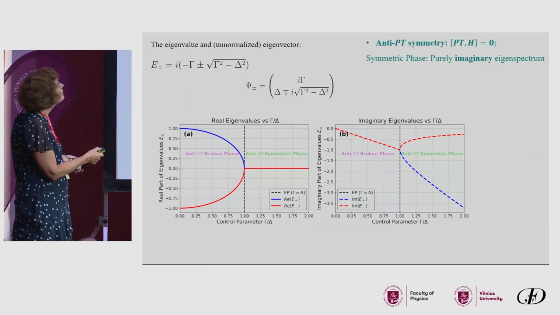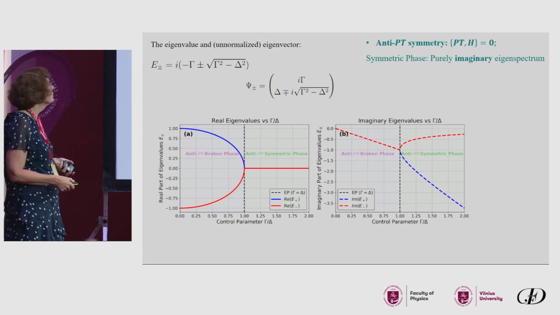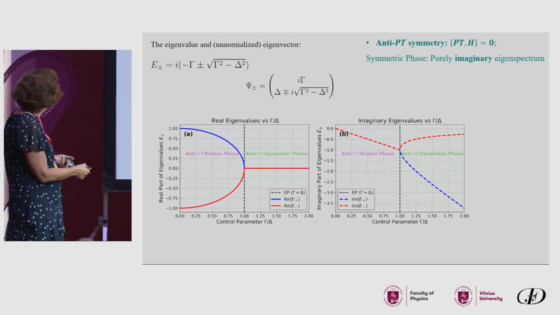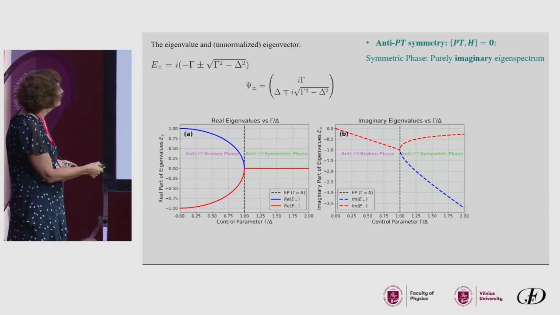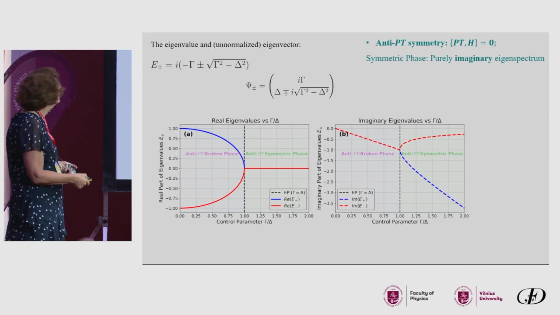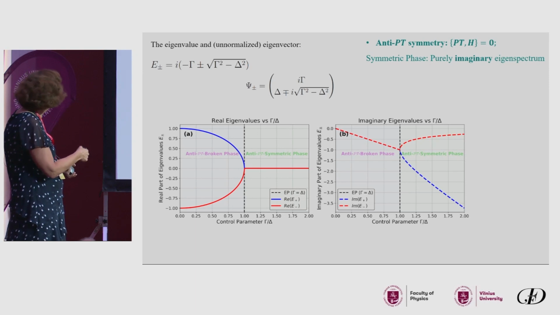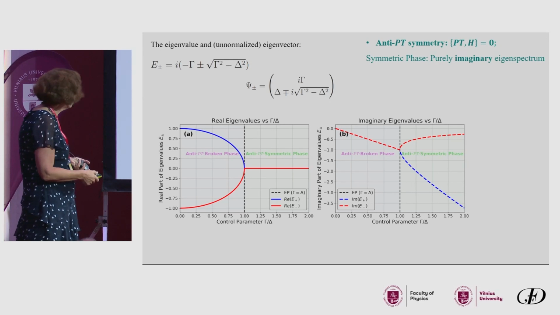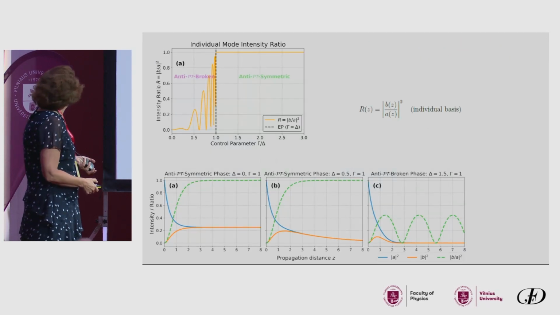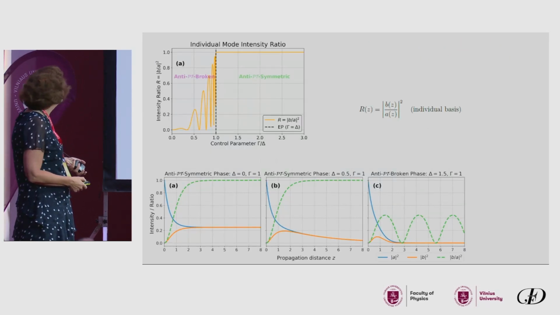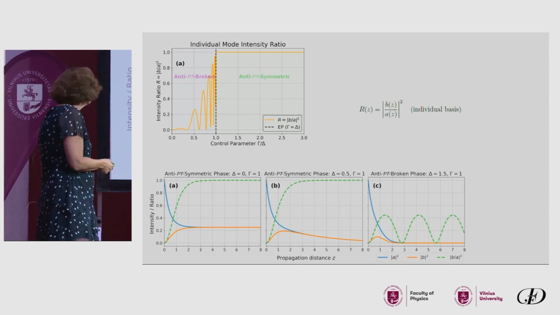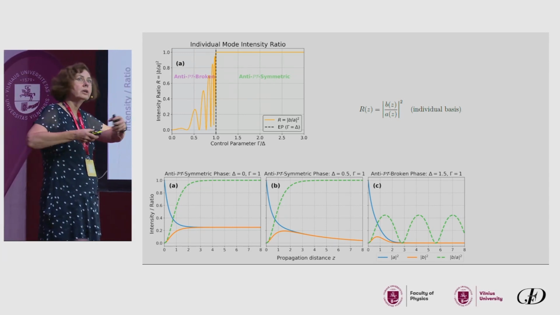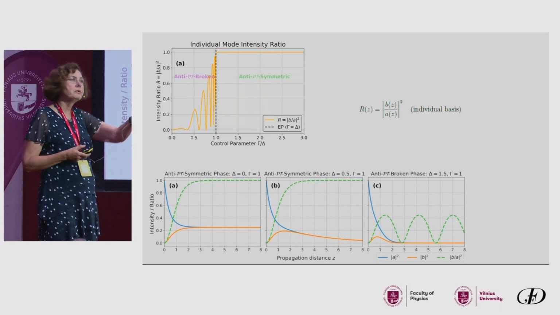If we look now at the eigenvalues, you see again this typical situation. We have this anti-PT symmetry, so it's a purely imaginary spectrum. In the symmetric phase, the real part of the eigenvalues is 0, and we have purely imaginary eigenvalues. And in the anti-PT broken phase, you have complex eigenvalues. So with the control parameter, you can go through different phases.